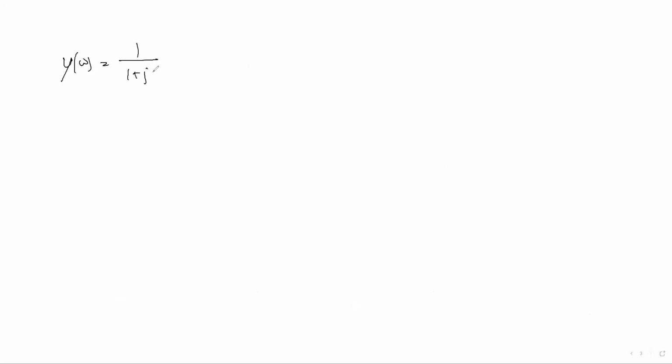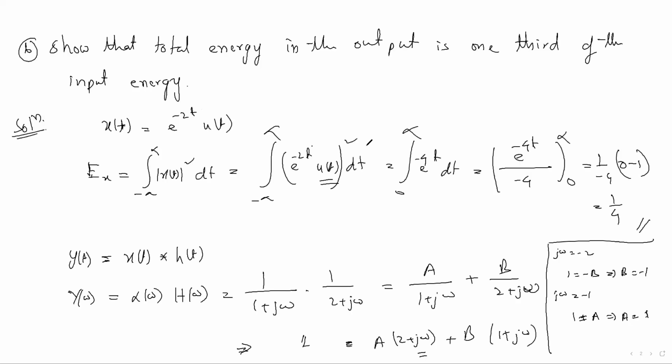When you do the inverse Fourier transform of this, you will get y(t). y(t) is nothing but e to the power minus t u(t) minus e to the power minus 2t u(t). Now you have to find the energy of the signal. This is the output signal of the system, and we have to find the energy of this signal.